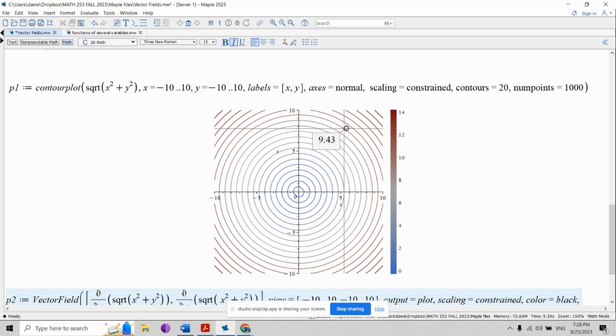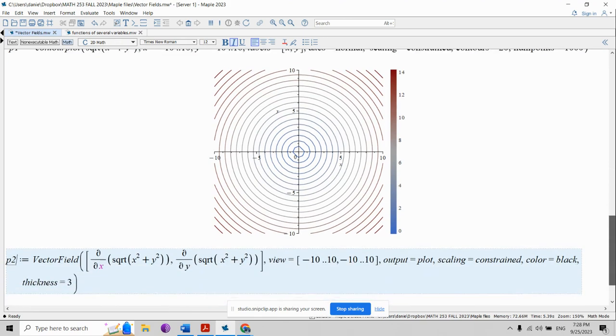These are the level curves, and it's very easy to see they are circles, because if you set this function equal to a constant, you end up with the equation of a circle. Again, the more reddish the hue, the higher the value is.